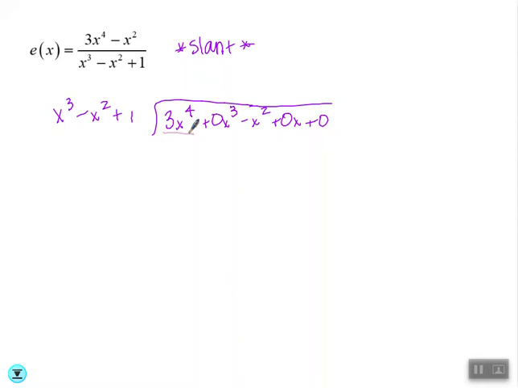Now, we're going to look at the first terms. What is 3x to the fourth divided by x cubed? That's just 3x. Now I'm going to multiply 3x to x cubed minus x squared plus 1 and make sure I distribute.